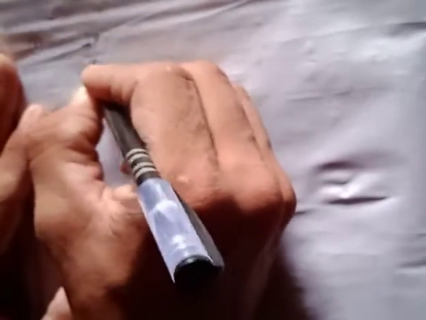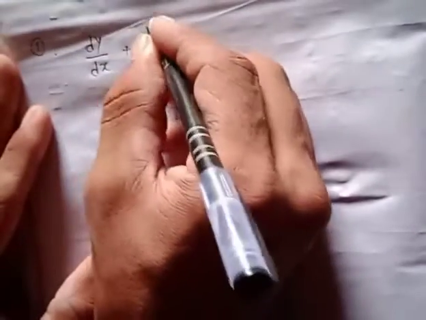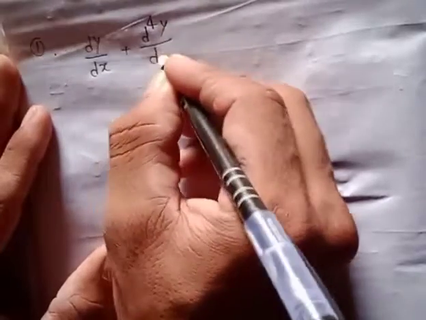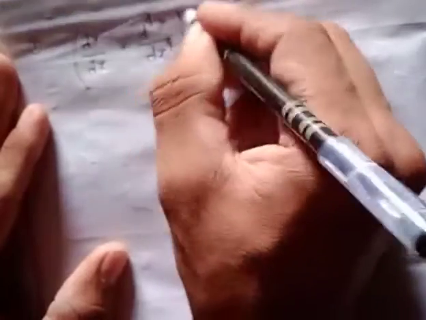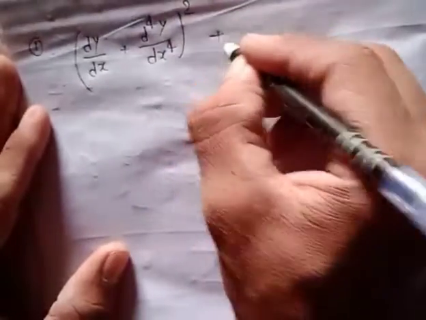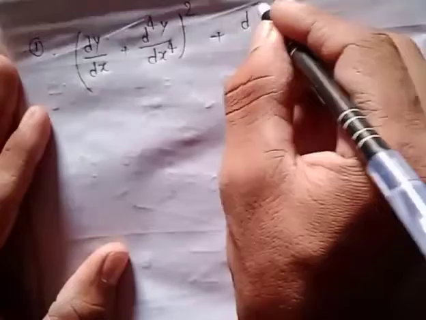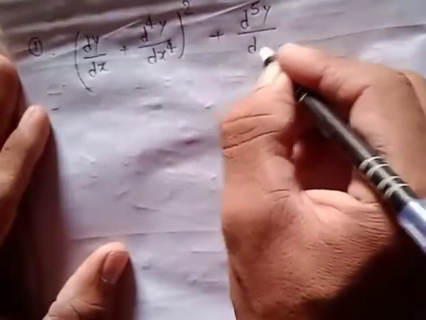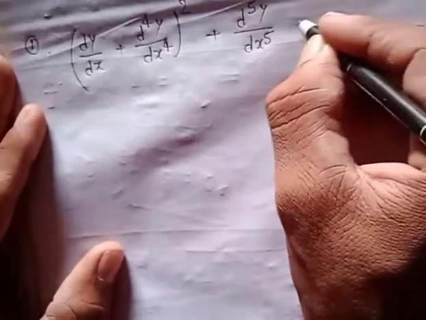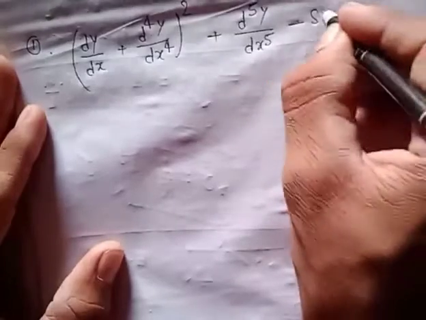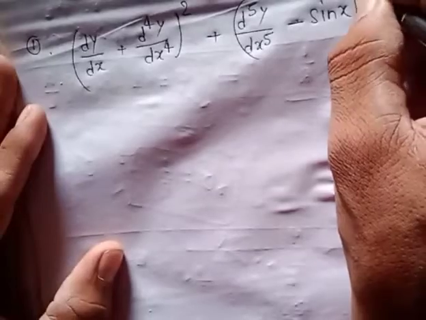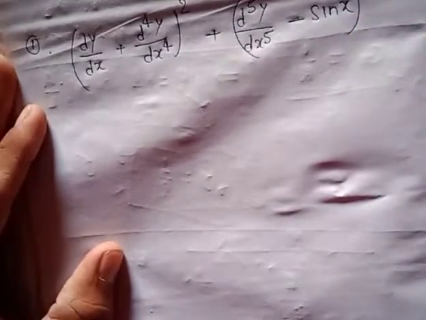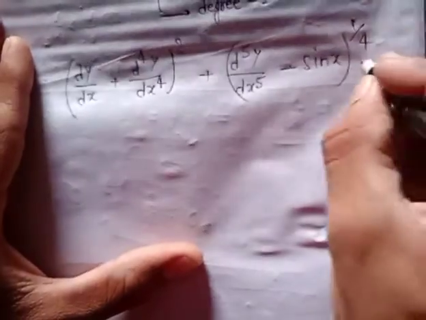Let a differential equation be dy by dx plus (d4y upon dx4) whole square plus (d5y upon dx5 plus or minus sin x) to the whole power 1 by 4, equal to 0.